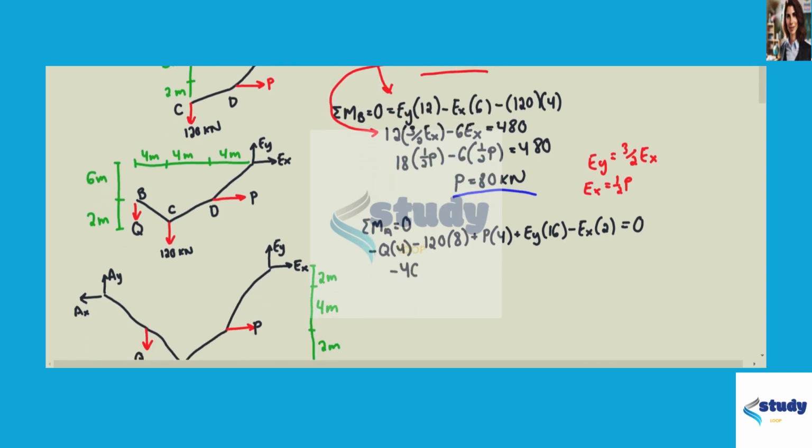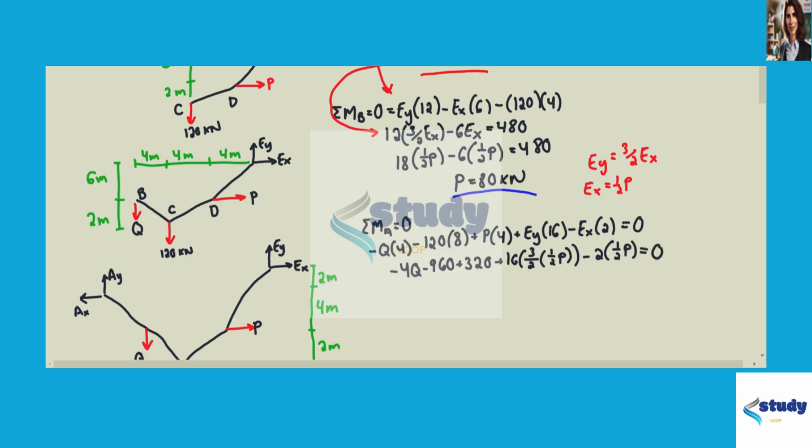So it'll be negative 4Q minus 960 plus 320 plus 16 times 3 over 2 times 1/2 P minus 2 times 1/2 P. Set that equal to 0.